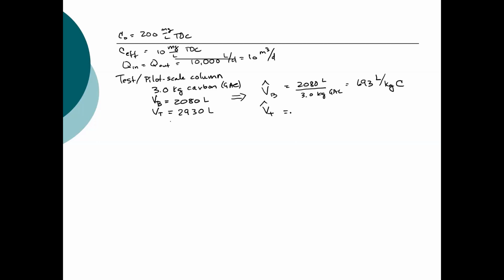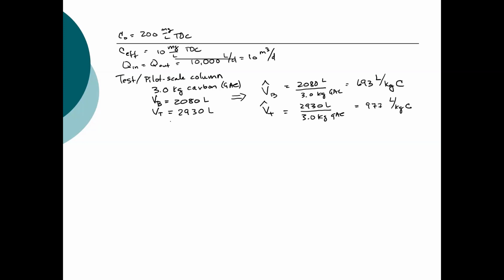The specific volume throughput to exhaustion is 2,930 liters divided by 3.0 kilograms of GAC, and that is 977 liters per kilogram of carbon.